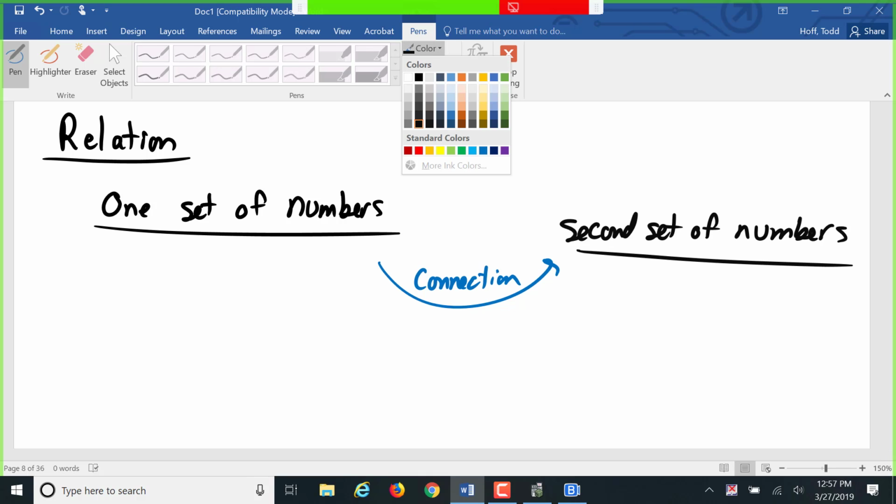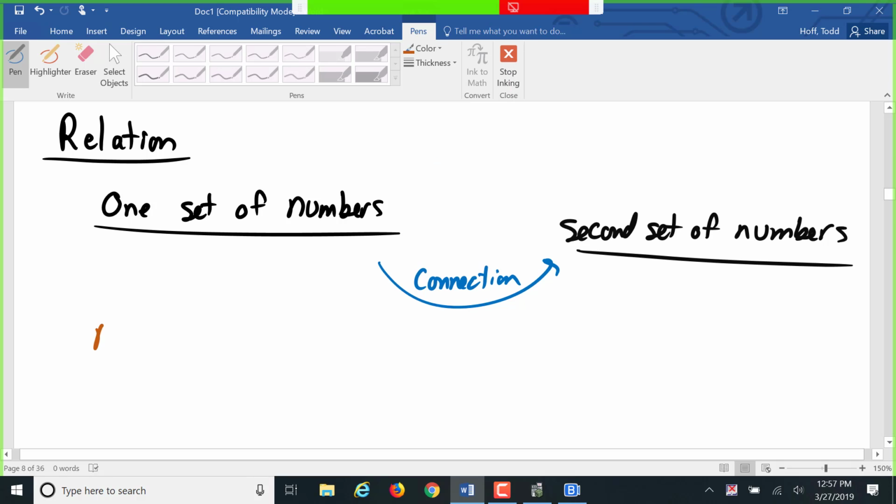There are several ways of expressing a relationship. One of the simplest ones is something called a mapping.